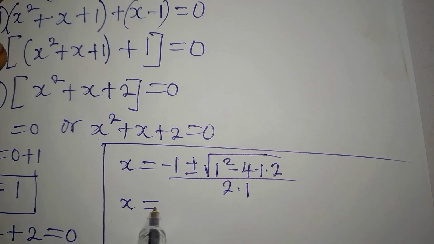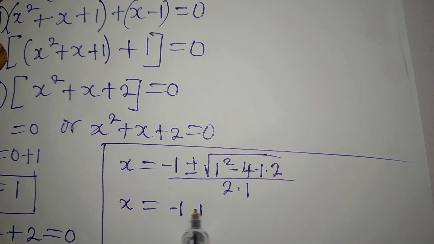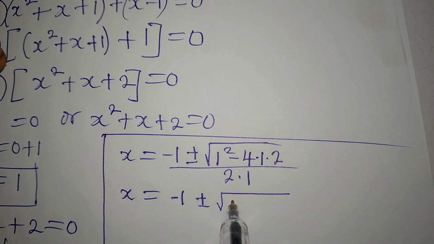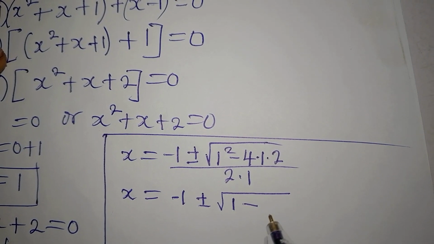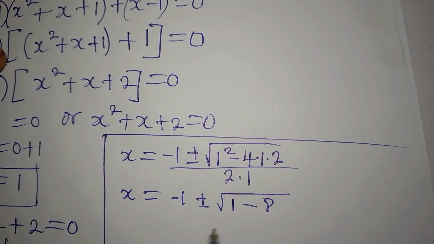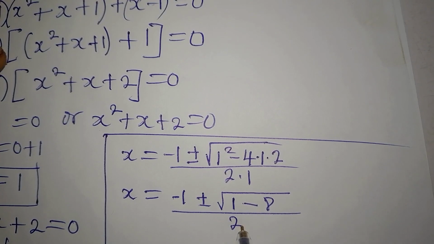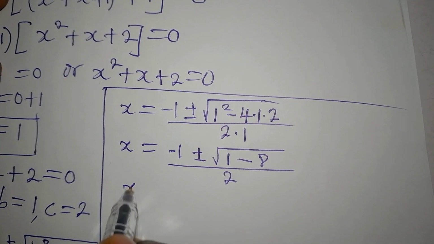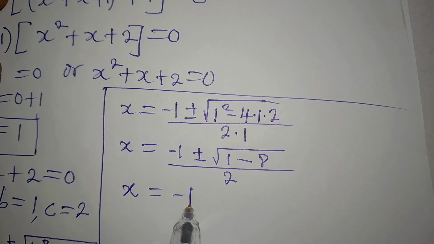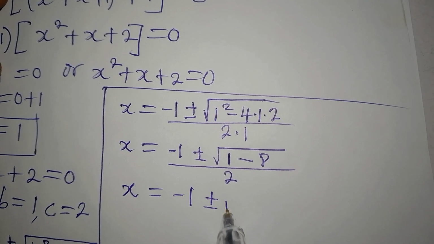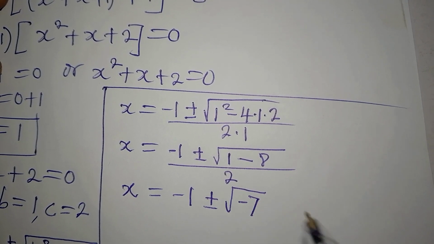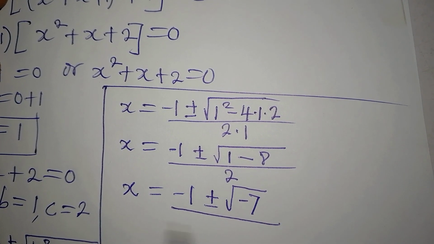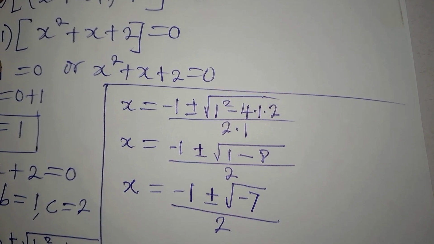Now x is minus 1 plus or minus, 1 squared is 1, minus 4 times 1 times 2 is 8. Then we divide this by 2. So to go ahead now, our x is going to be minus 1 plus or minus the square root of negative 7, because 1 minus 8 is negative 7, then we write 2.